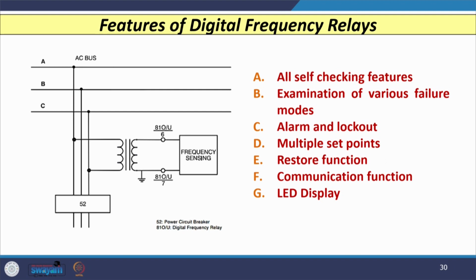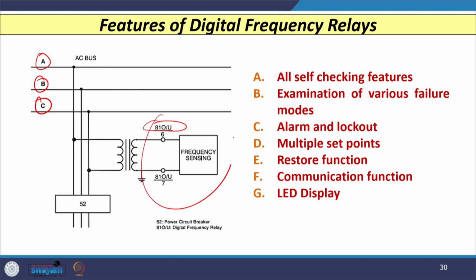Now, with this, let us see what are the features of digital frequency relays. Here you can see I have shown the three conductors A, B, C, and when you have the frequency relay, as I told you, it comes with number 81 and you have 81 over frequency unit.